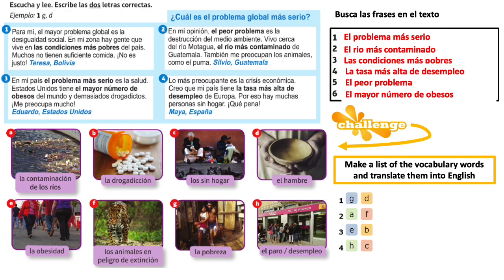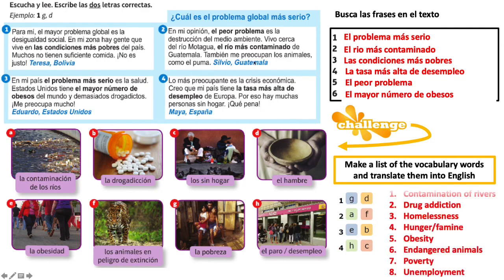Or it can be that what you did very well was to recognize the topic with the help of the text, and something to improve next time, not using the text. Yeah? Okay, and this is the list of words that we have translated earlier. Yeah? Okay, vamos a continuar.